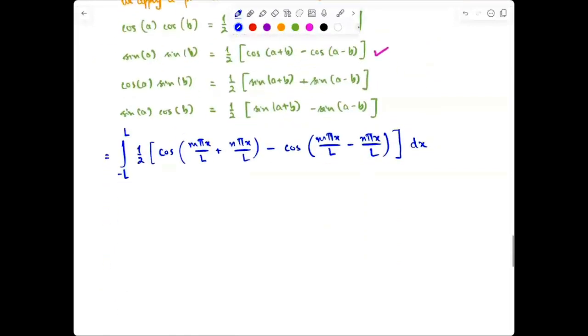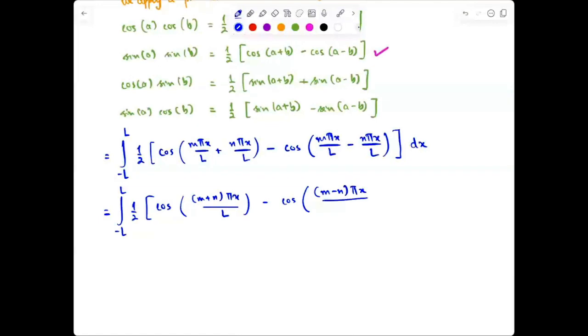Okay, so the next step is to combine the angles together. You have m pi x over L plus n pi x over L, with L as a common denominator. Now you get the integral from negative L to L of 1/2 times cosine of (m plus n) pi x altogether divided by L, minus cosine of (m minus n) pi x altogether divided by L, dx.